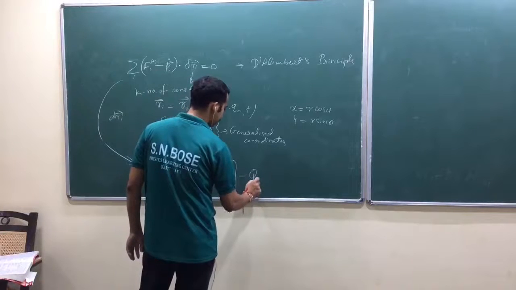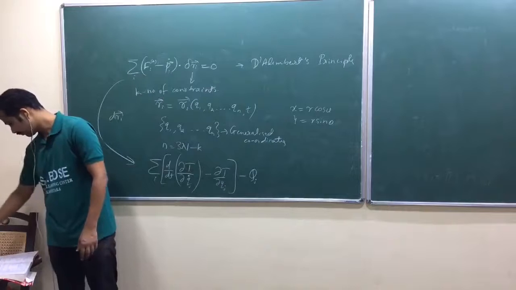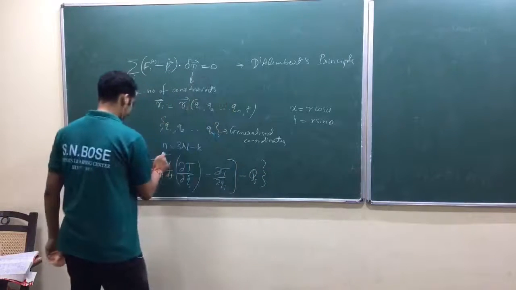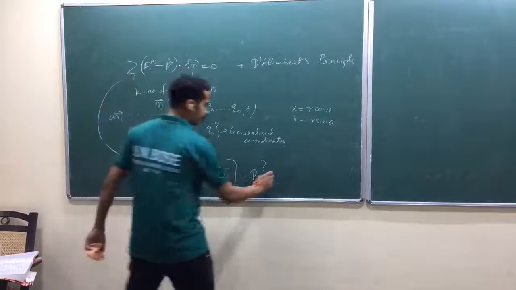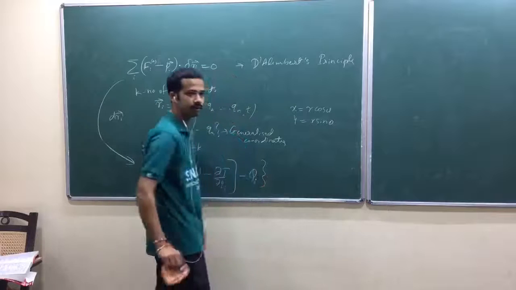Let me write what is this, okay? Minus Qj, not over, dot, usually dot product will go actually.